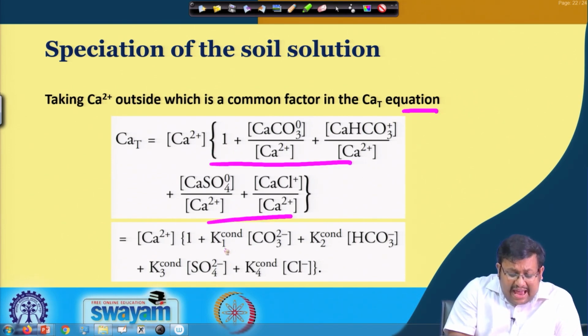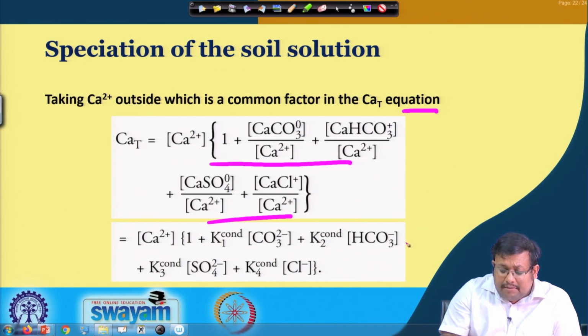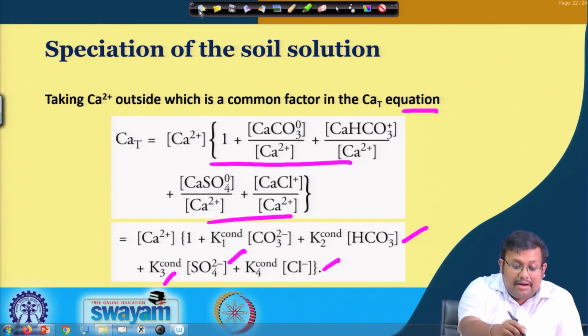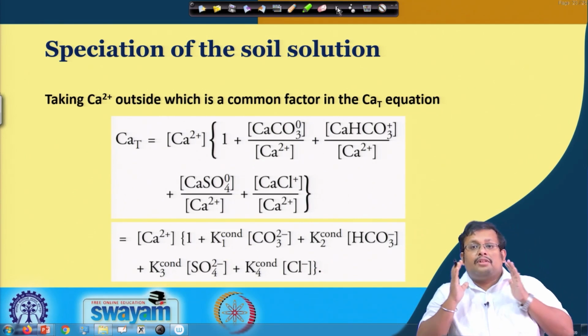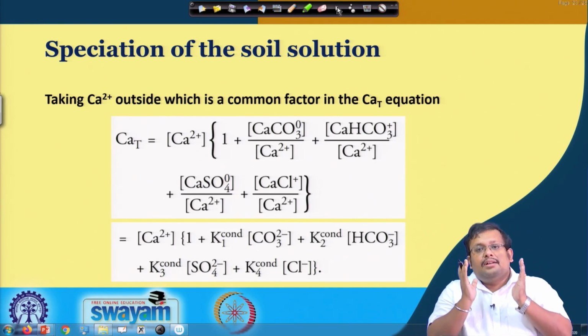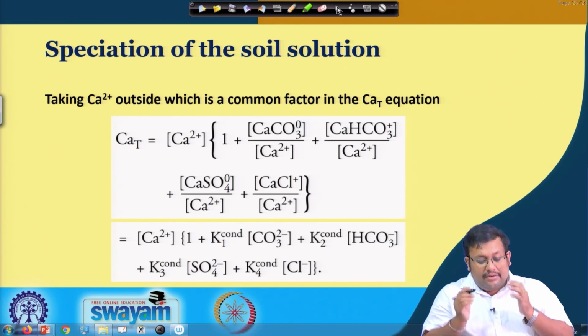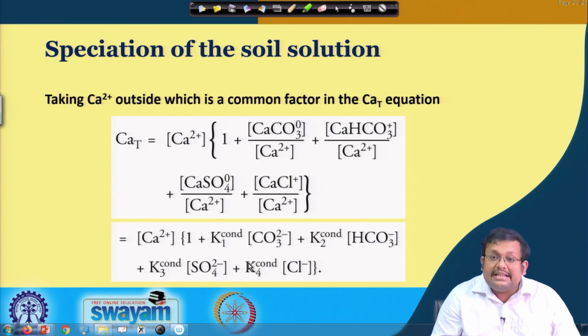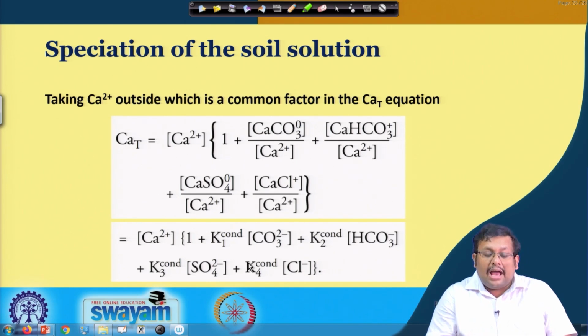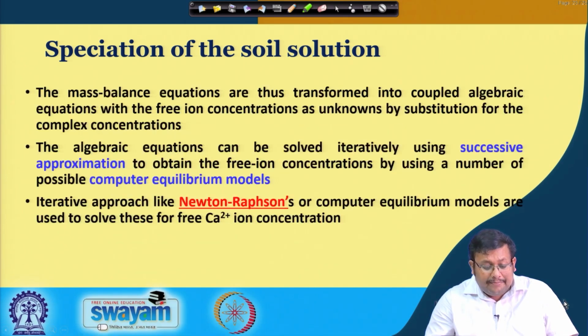From there, we can have this simplification, that is 1 plus K1 condition multiplied by CO3 2 minus, K2 condition multiplied by bicarbonate concentration, K3 condition multiplied by sulfate concentration, and K4 condition multiplied by chloride concentration, from the equation of the stability constant, by taking the calcium ion concentration as the common factor.